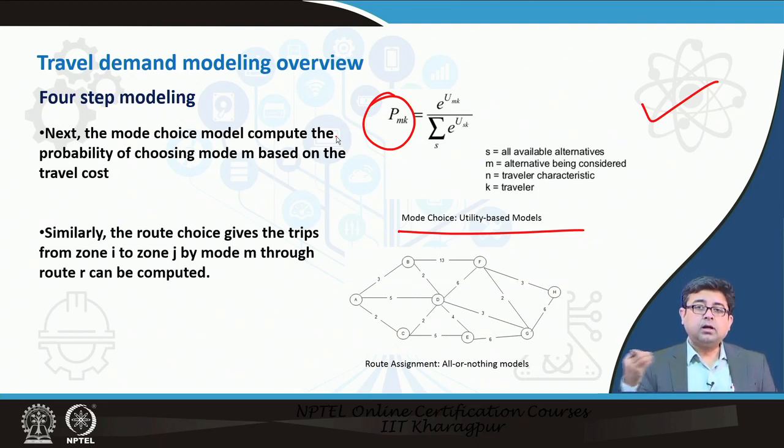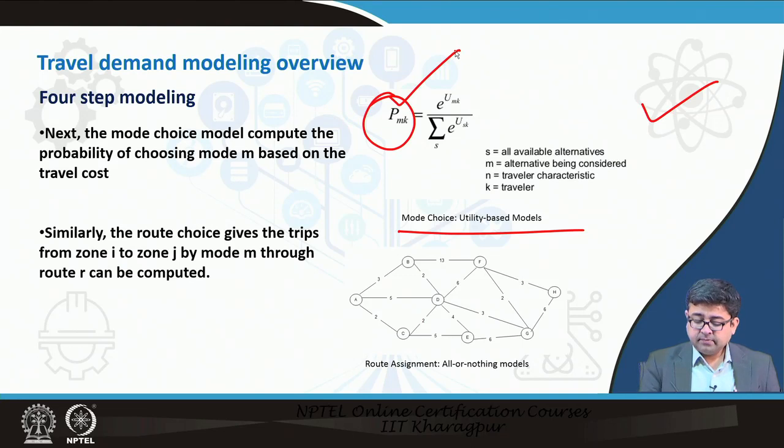So, I want to get there early, and I would maybe pay a premium fee to take a mode that will ensure that I reach my destination on time and very quickly. All these factors work in the background when you are trying to establish the probability of the mode that you are going to use.